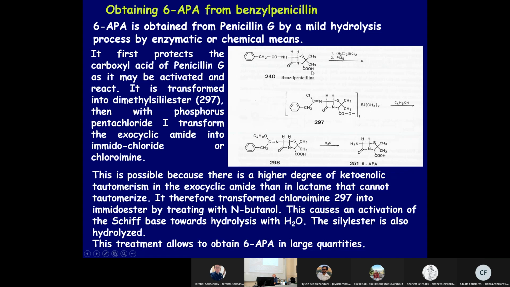Okay, just a protection, it's not so important. The important point is how we can hydrolyze this type of amide and not the beta-lactam ring. This is the most important point of this synthesis.